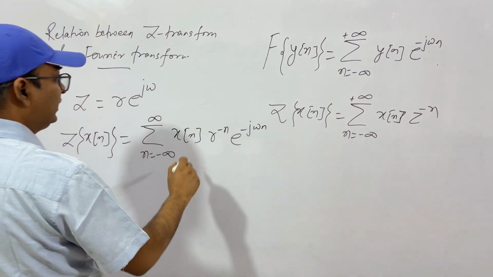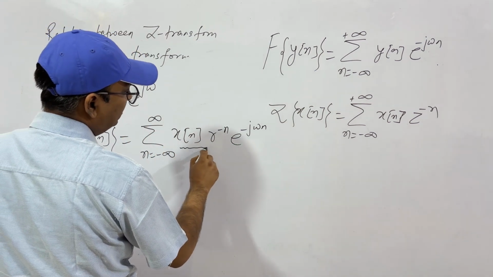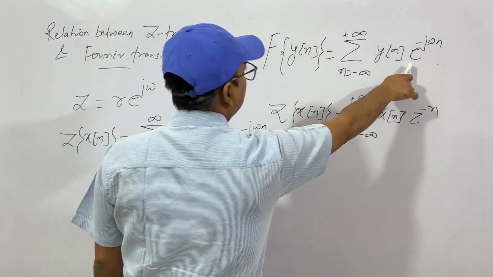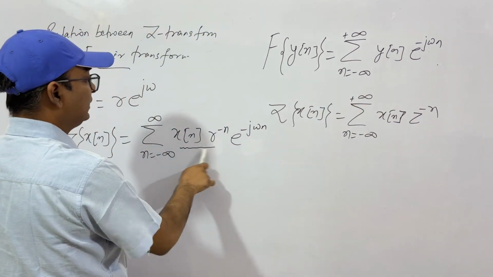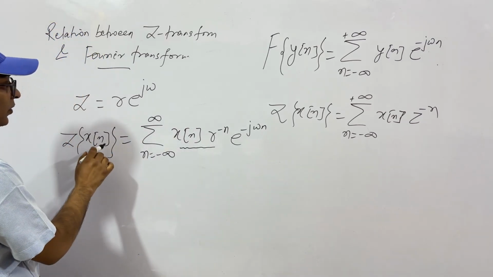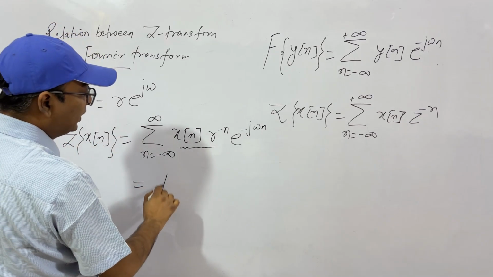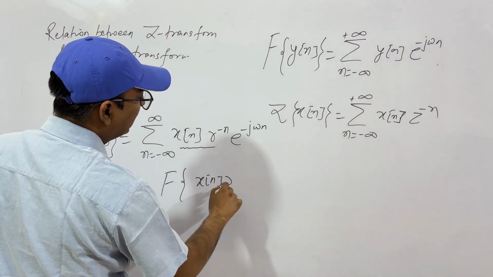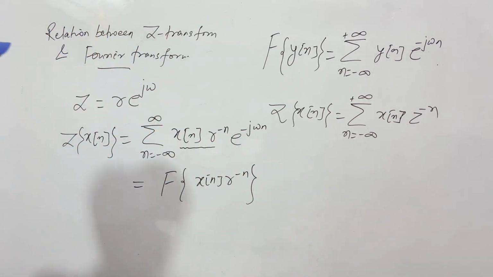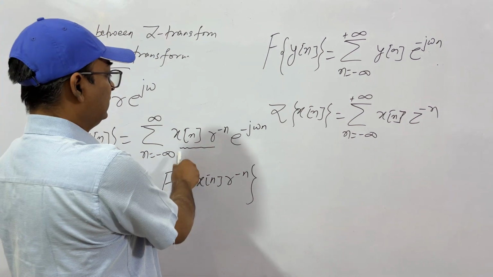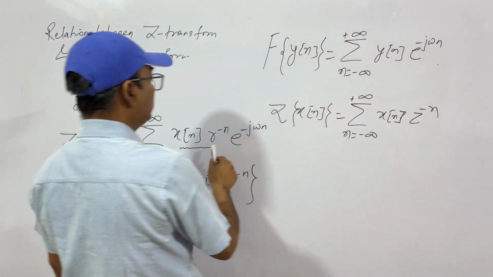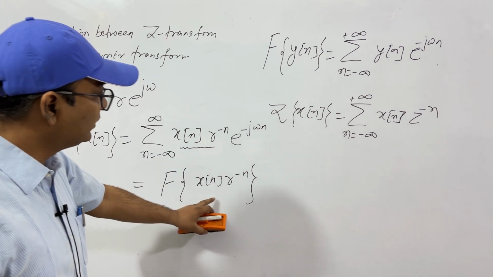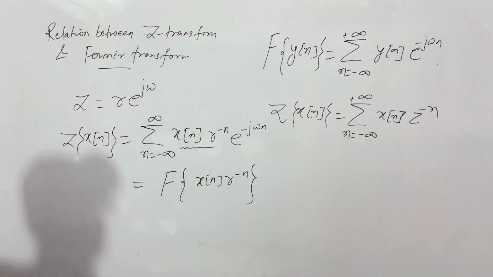Now if you look at this very closely, if you club these two terms, this is basically y[n]. That is, the Z transform of x[n] is nothing but the Fourier transform of x[n] into r to the power minus n. Clear? See this equation, if you set y[n] equal to this, the Z transform of x[n] is the Fourier transform of x[n] into r to the power minus n.